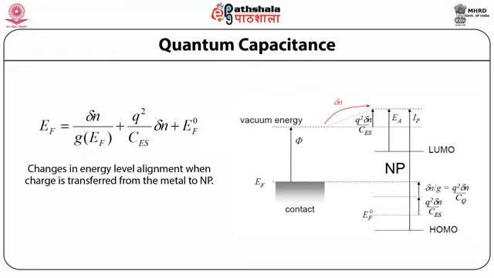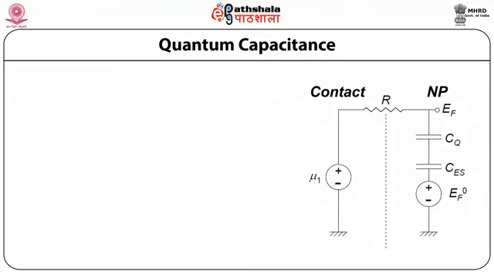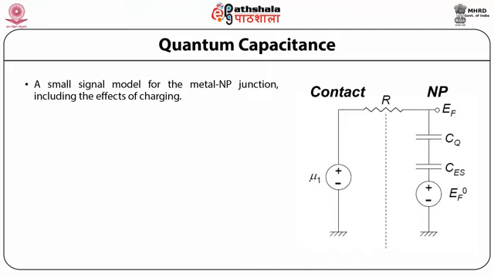In addition, the transferred charge fills some previously empty state in the nanoparticle. Both effects change the Fermi energy in the molecule. So this figure shows a small signal model for the metal nanoparticle junction, including the effects of charging.